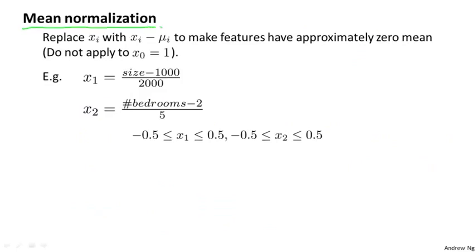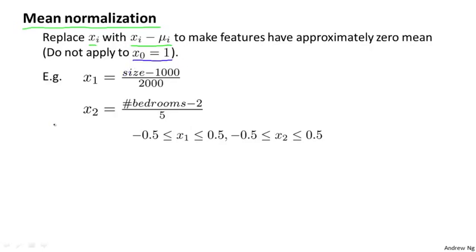What I mean by that is that you might take a feature xi and replace it with xi minus mu i to make your features have approximately 0 mean. Obviously we won't apply this to the feature x0, because the feature x0 is always equal to 1, so it cannot have an average value of 0.